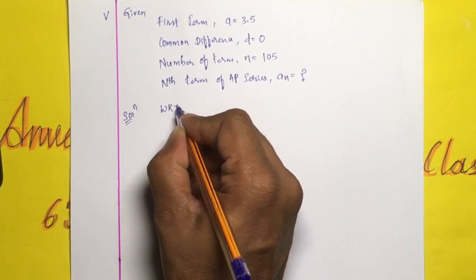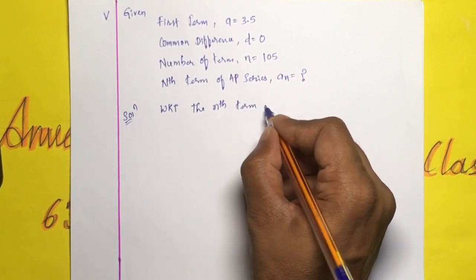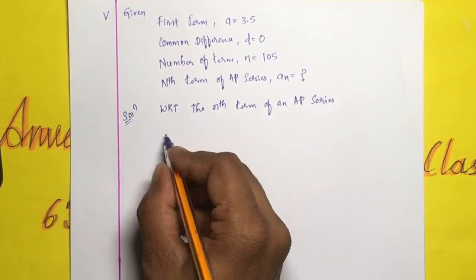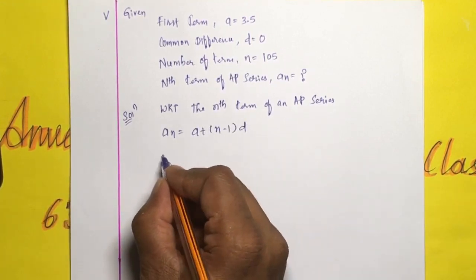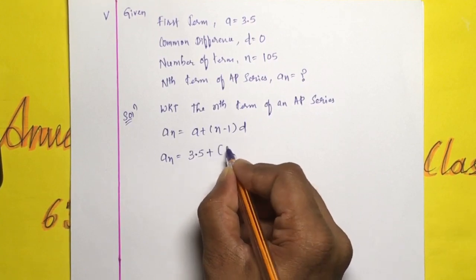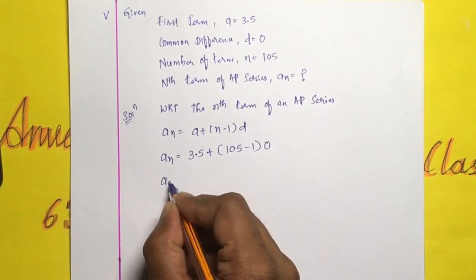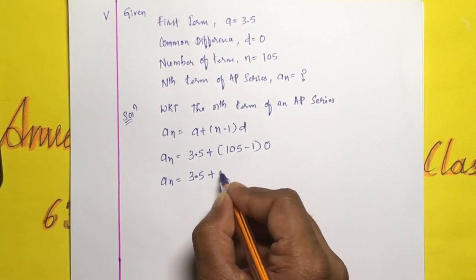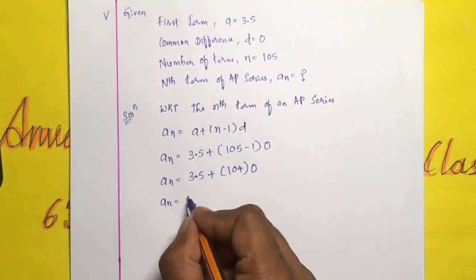So solution: we know that the nth term of an AP series an is equal to a plus n minus 1 into d. an is equal to 3.5 plus 105 minus 1, d is 0. an is equal to 3.5 plus 104 into 0, so an equal to 3.5.